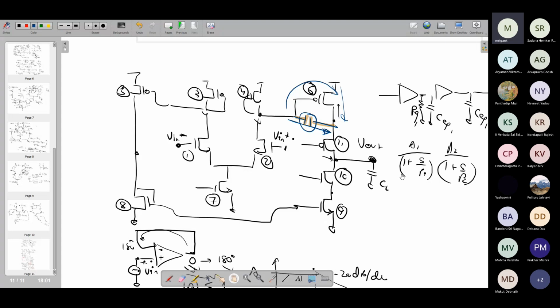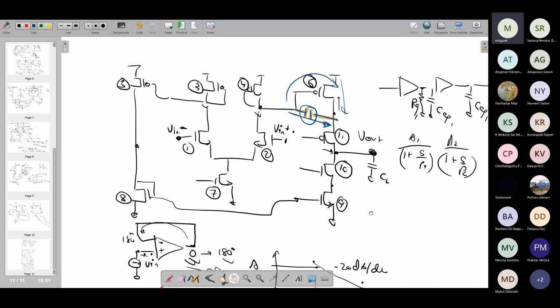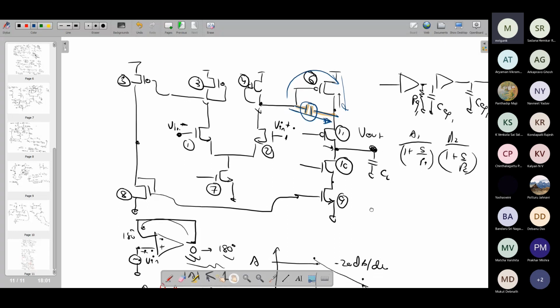Another thing, in terms of systematically analyzing: the way I described the gain, I also should describe the poles. We have to follow how the signal is propagating in the circuit. I described the overall signal path, how it is flowing.